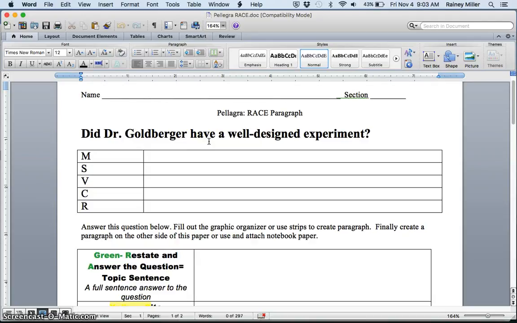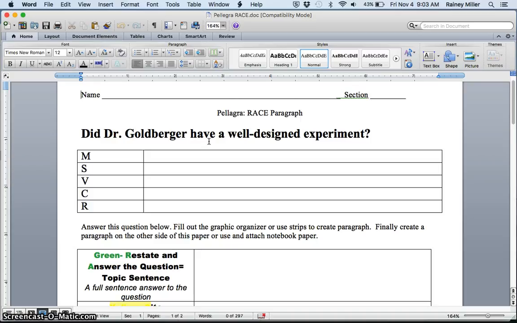You remember what we talked about with the things that a good experiment has? Well, I want you to think about what Dr. Goldberger did. And did he have a fair and accurate experiment? Like, did he make sure that all of his variables were the same except for one little tiny thing?